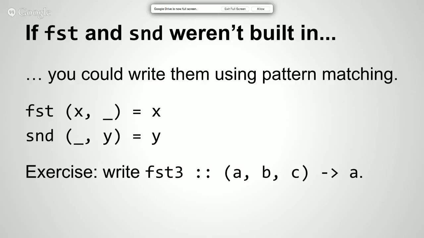Yep, exactly. Yeah, you got it. So for the pair, there's fst and snd. For the triple tuple, you would write fst3. Okay. If you were writing those functions, you could.